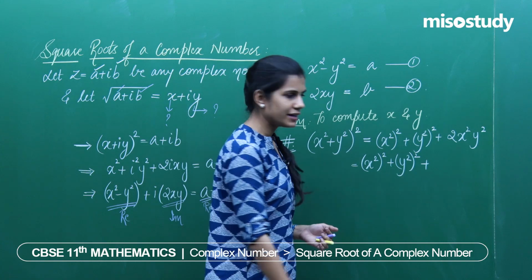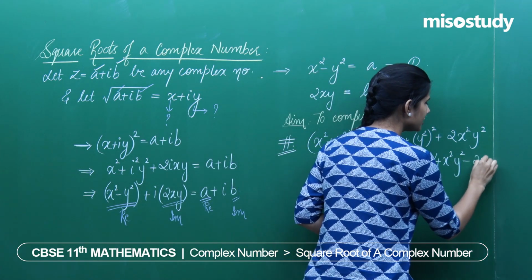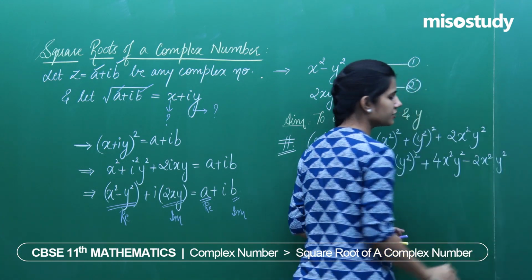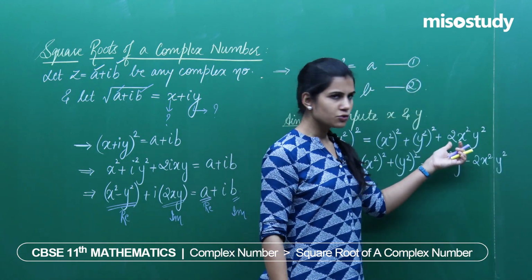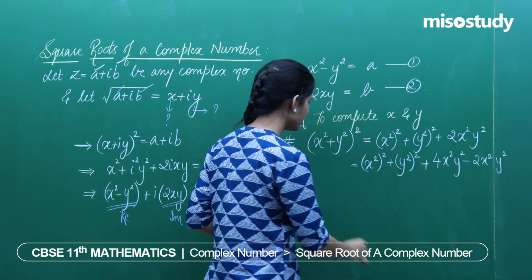Now 2x square y square can be written as 4x square y square minus 2x square y square, because 4 minus 2 is 2.